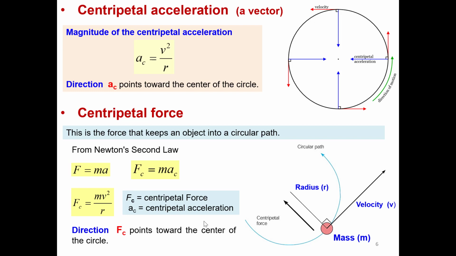If we substitute the centripetal acceleration by the velocity squared divided by the radius, then we can define the centripetal force as equal to the mass of the object moving in a circular path, multiplied by the velocity, which is always tangent to the circular path, squared, divided by the radius of the circular trajectory.